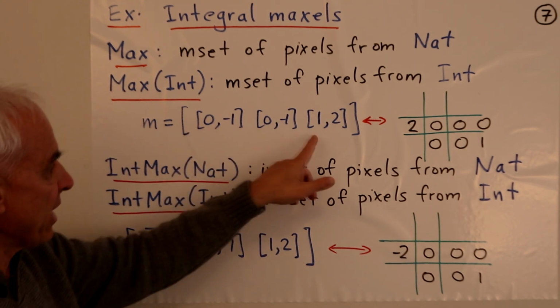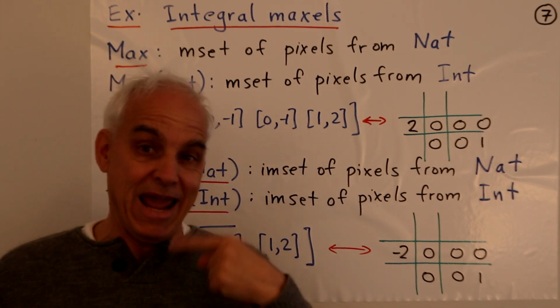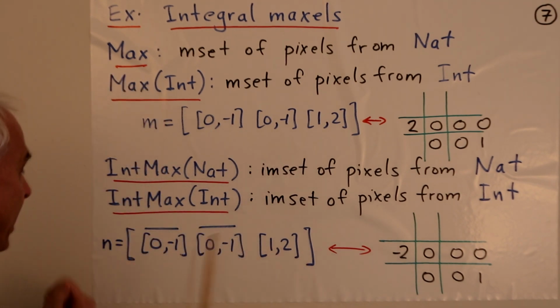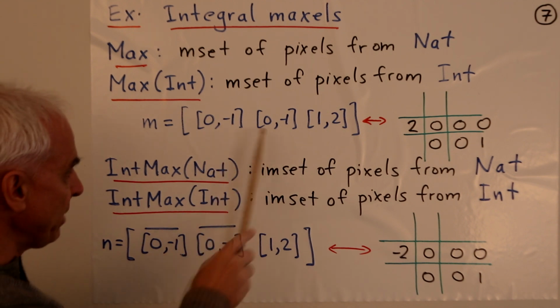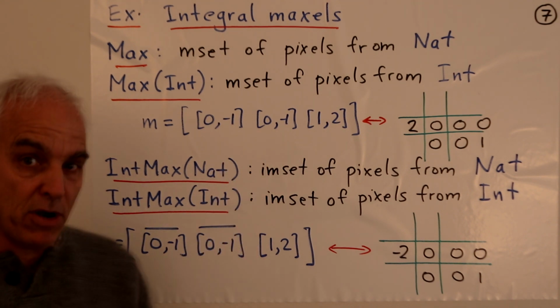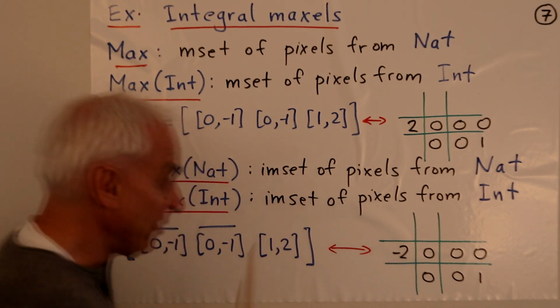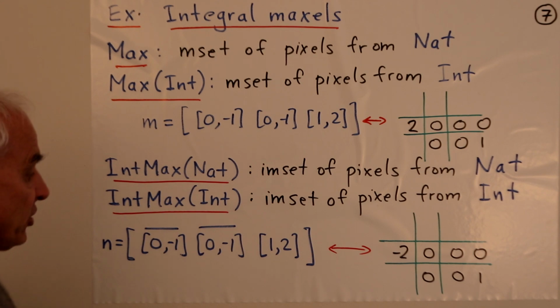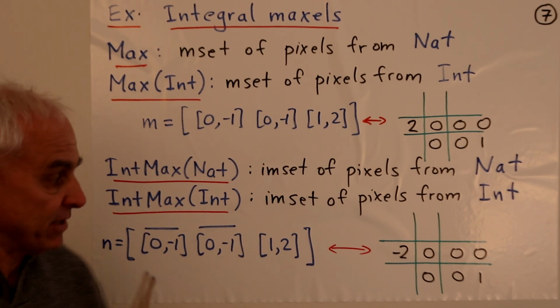So these are just like these ones, except now we're also allowed the possibility of having anti-pixels as well as pixels. So here's n, which looks quite a bit like this one, except that instead of having these 2 pixels, it has their corresponding anti-pixels. So instead of having a 2 in this 0, minus 1 position, we have a minus 2 because there's these 2 anti-pixels.